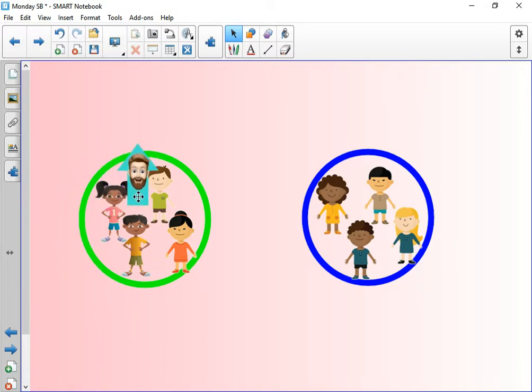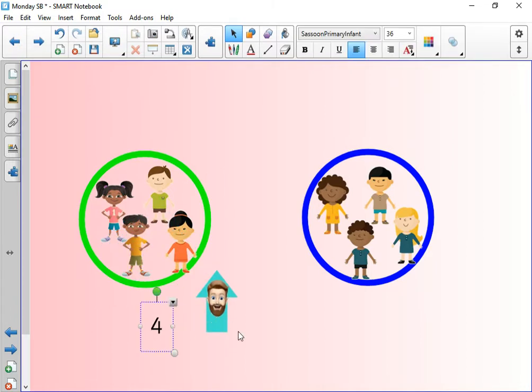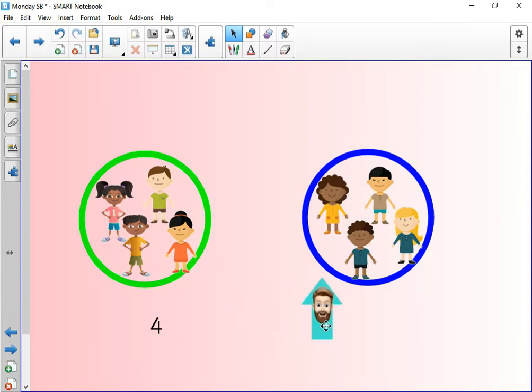So in this green hoop, let's count how many children. 1, 2, 3, 4. There are 4 children in this group. How many children in this group? 1, 2, 3, 4. 4 children in this group. So even though the children look very different, the groups are equal because the total is the same. There are 4 here and 4 here.